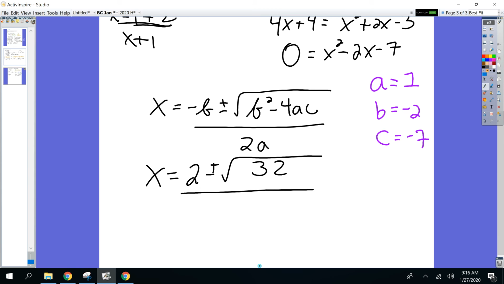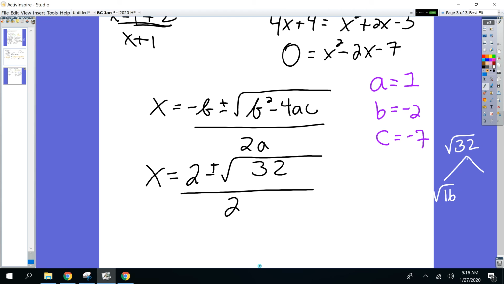32, it's all over 2 times 1, so 2. Directions again are what? Simplest radical form. Can I break down 32? If the answer is no, I'm good, but I believe I can. There's 32. And I know we have issues with this. I know 4 goes into it, I get it, but that's not the biggest. 16 is the biggest.